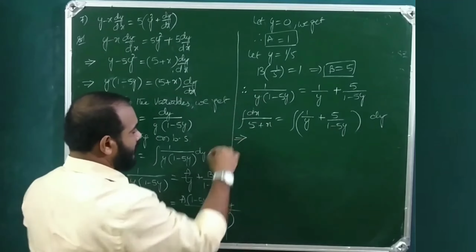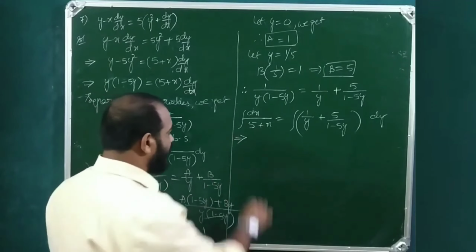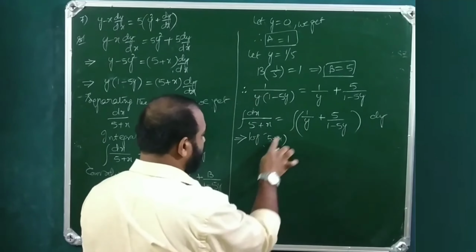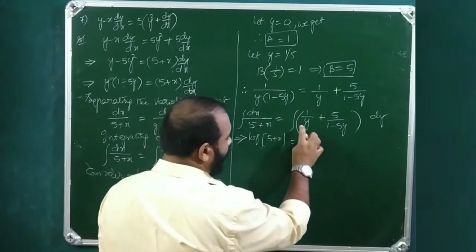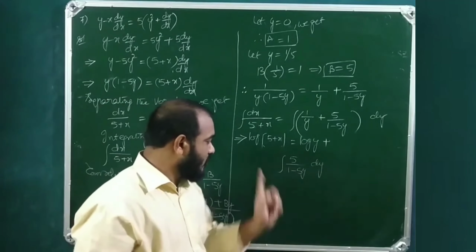So this is treated as x. Integral 1 by x dx is log mod x. So this is log of (5 plus x) is equal to, this is 1 by y dy is log y, plus this is integral 5 by (1 minus 5y) dy. Okay, so the derivative of 1 is 0, minus 5y derivative is minus 5.